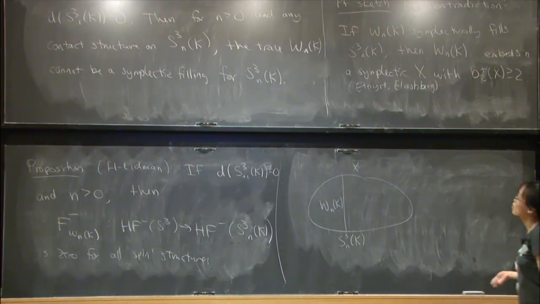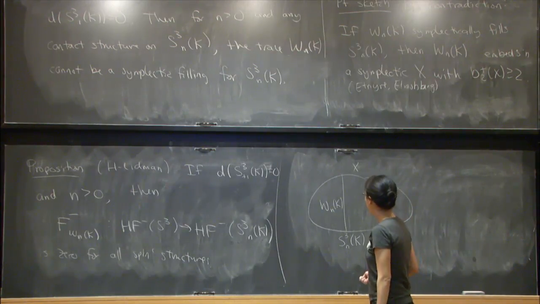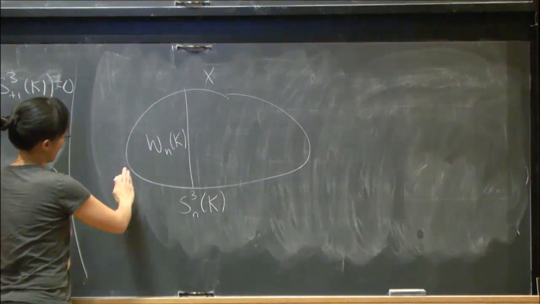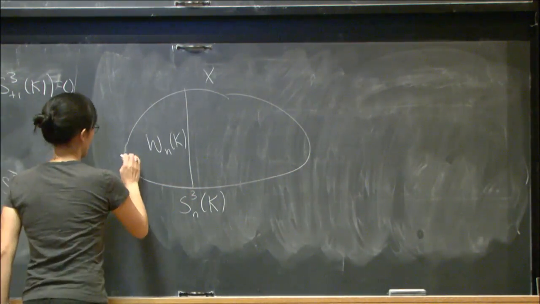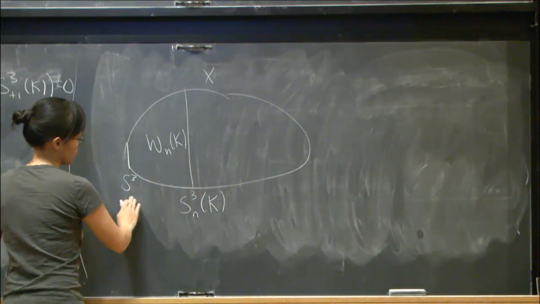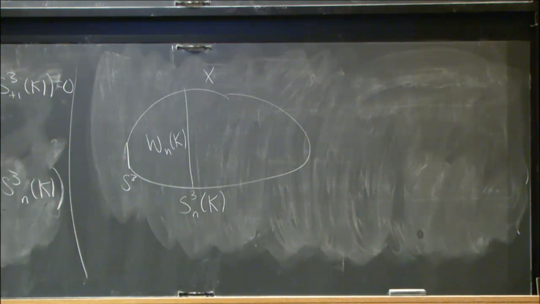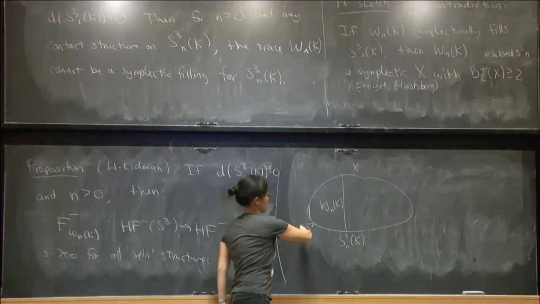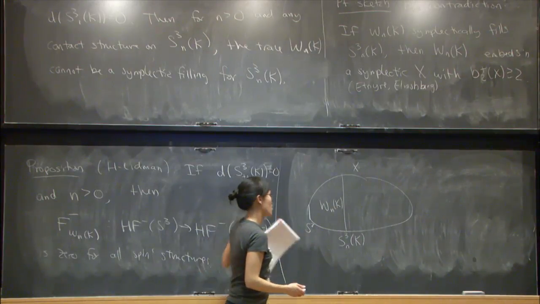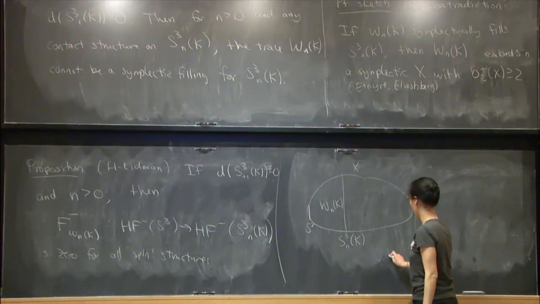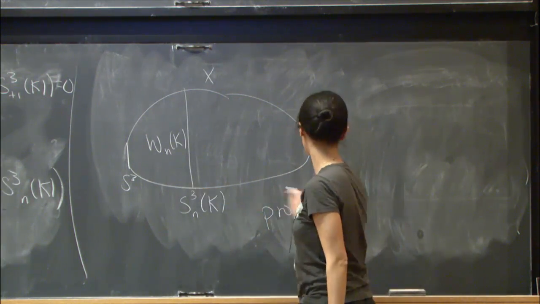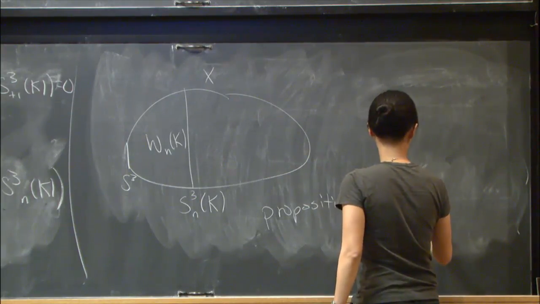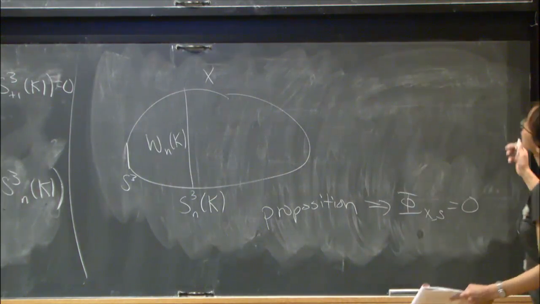And so now, if we just consider the four-manifold invariant for X, let's just look at this cobordism from S3 to the surgery, and now we can apply the proposition for any positive n, and we're going to see this map here has to be 0 for all spin C structures, so the four-manifold invariant is going to be 0. The proposition implies this is 0, which is a contradiction.